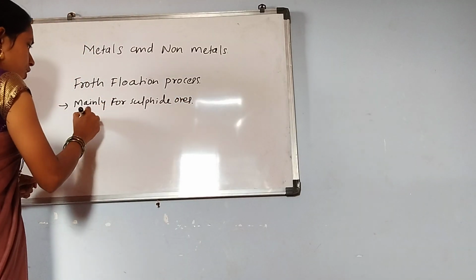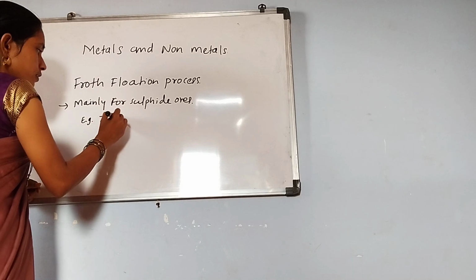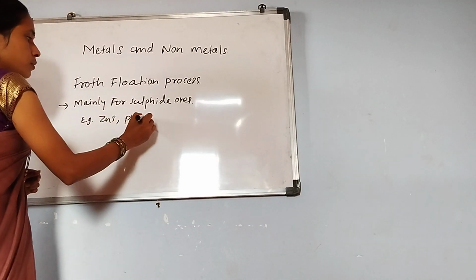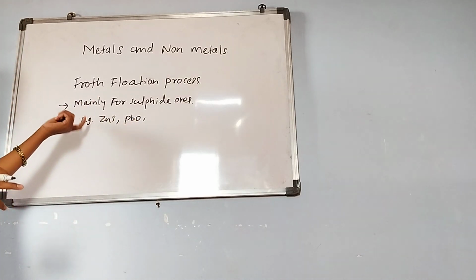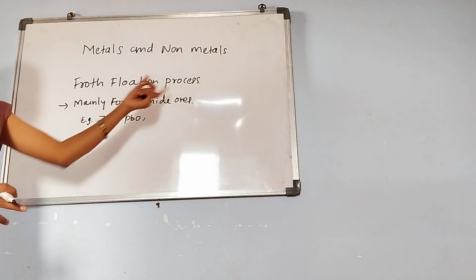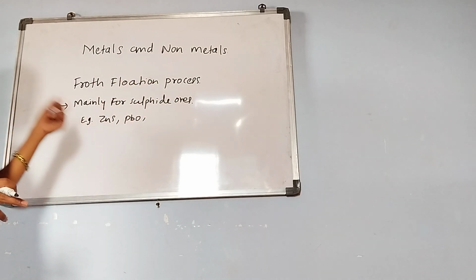Example, we can take zinc blende, then galena, that is PbS. So these are the examples. We can take this kind of ores for the froth flotation process. We are removing the impurities from these compounds.